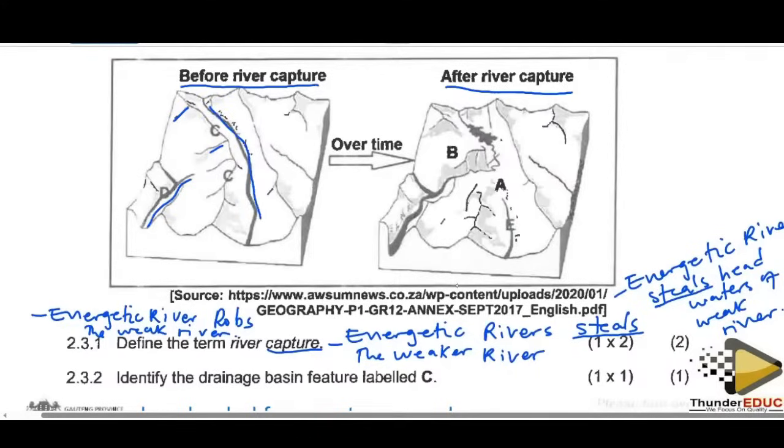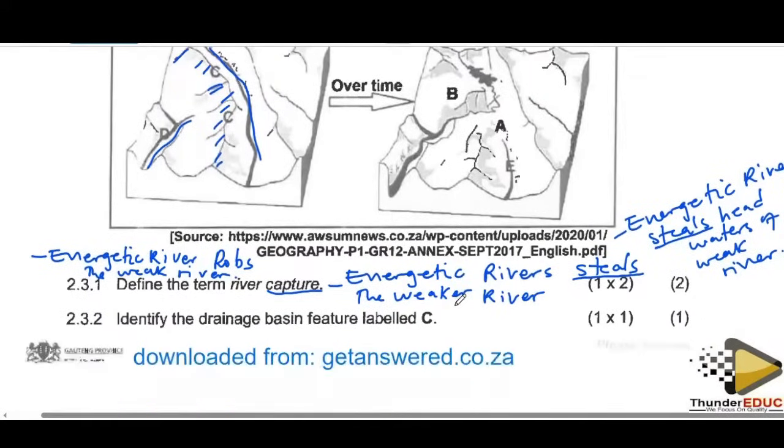So it means that feature C is somehow trying to separate this stream from this other stream. So, which means that feature C is a watershed. A watershed, which is separating the other river from another river.